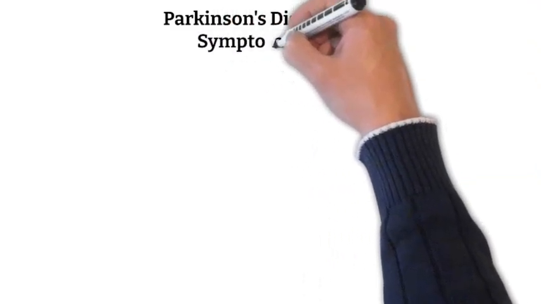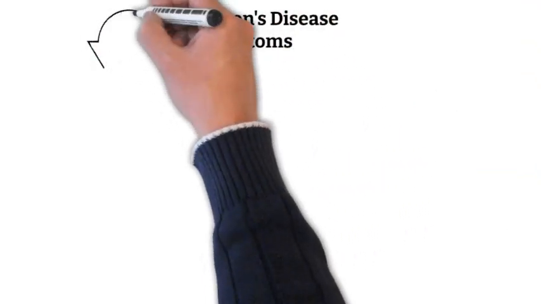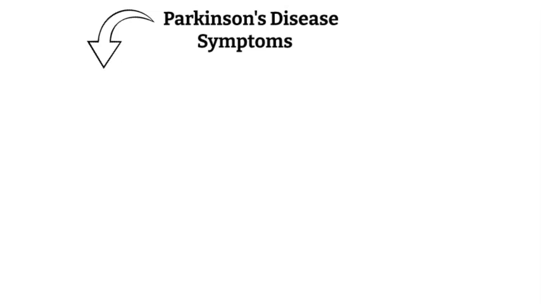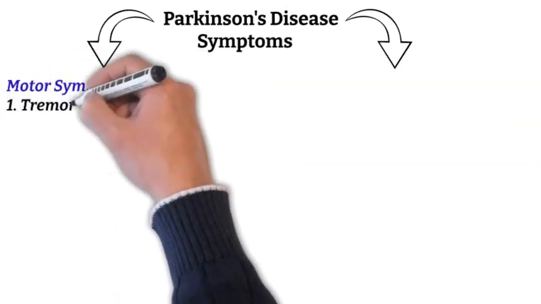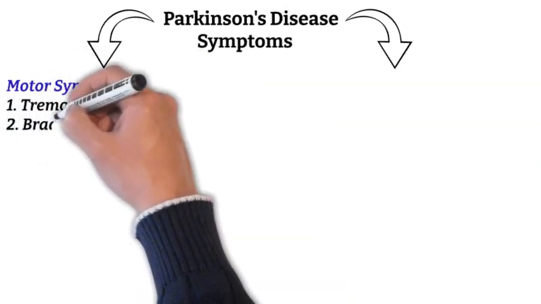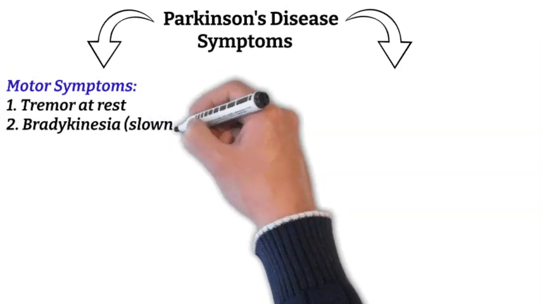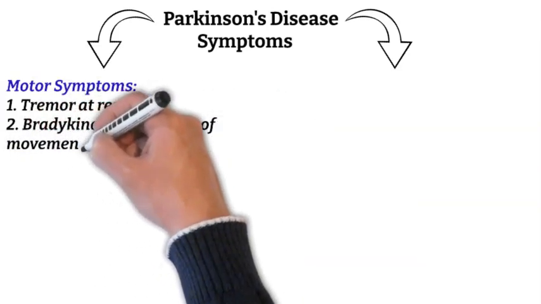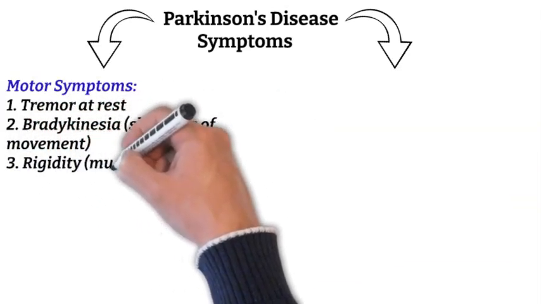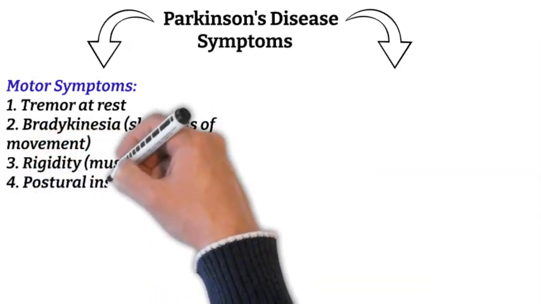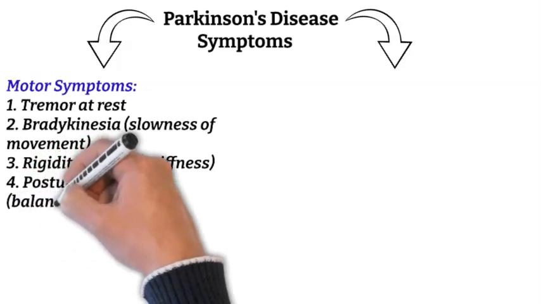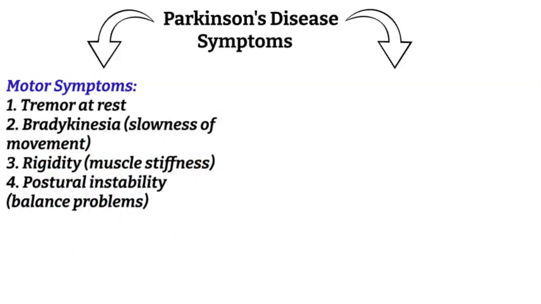Okay, let's talk about Parkinson's disease symptoms. It is divided into two parts, as I mentioned before in the introduction: it has motor symptoms and non-motor symptoms. Motor symptoms consist of tremors at rest, bradykinesia, which means slowness of movement, rigidity, which means muscle stiffness, and postural instability, basically a balance problem.